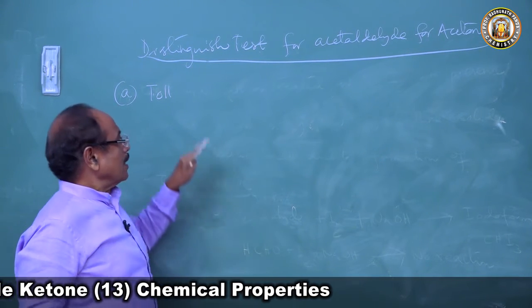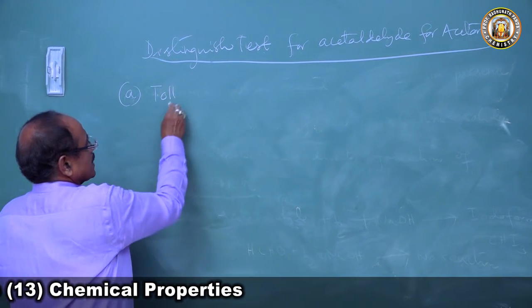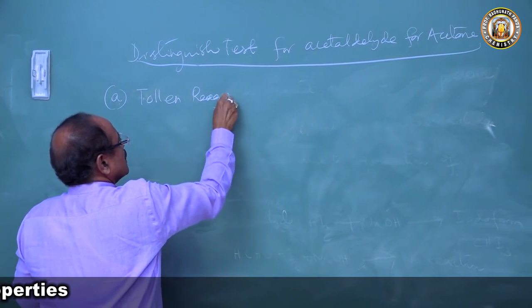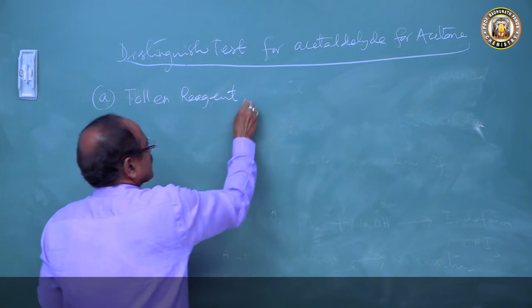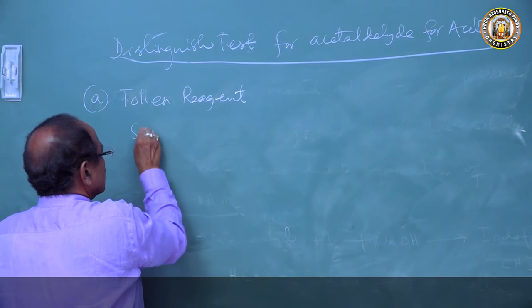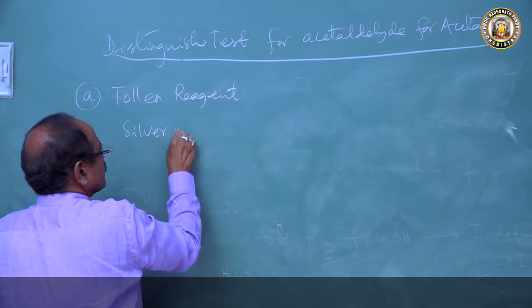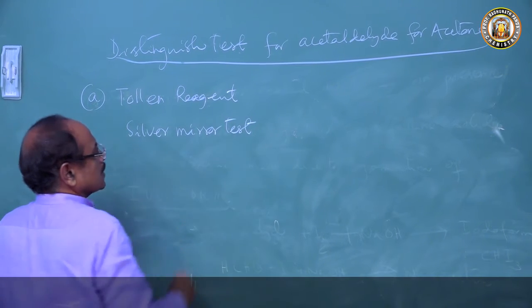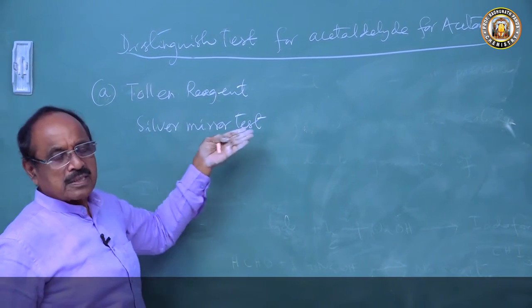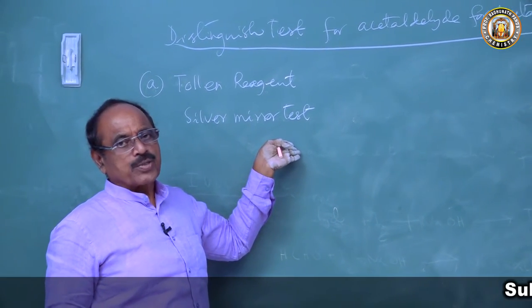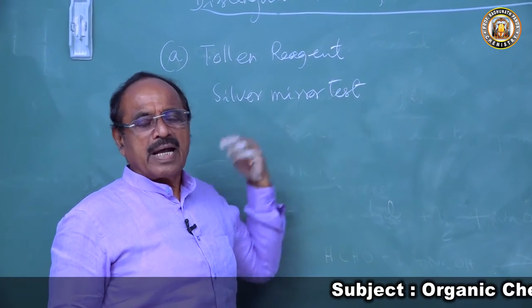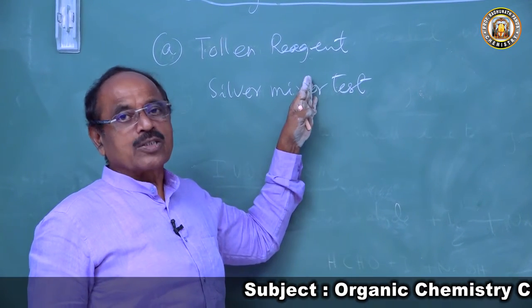Acetaldehyde reacts with Tollens reagent, which is called the silver mirror test. Acetaldehyde forms a silver mirror but not acetone. You have discussed this in Tollens reagent.